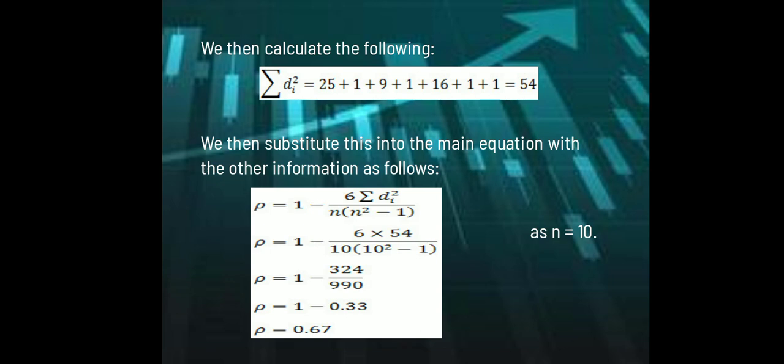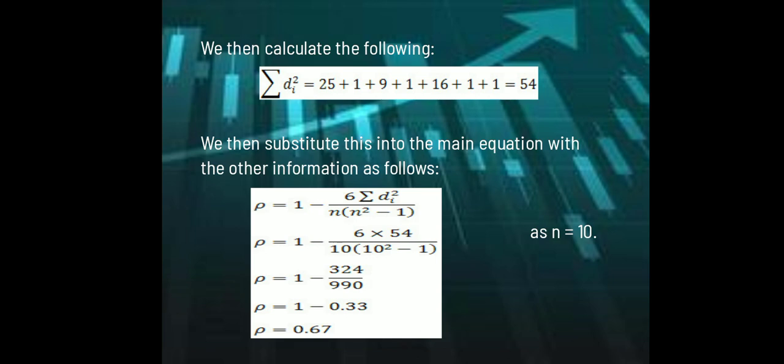So ρ equals 1 minus 6 times 54 all over 10 times the quantity of 10 squared minus 1. So 1 minus 324 over 990, 1 minus 0.33, and ρ is equal to 0.67. Okay?